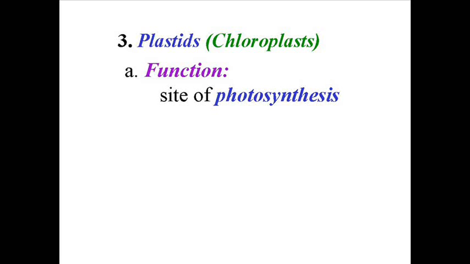The next organelle I want to take a few minutes to talk about are the chloroplasts. Now again, chloroplasts come in a variety of appearances. The ones you're most familiar with are the green chloroplasts that harness the blue-violet areas of the spectrum. The purpose of chloroplasts is to carry out photosynthesis.